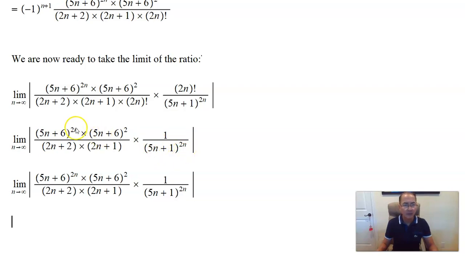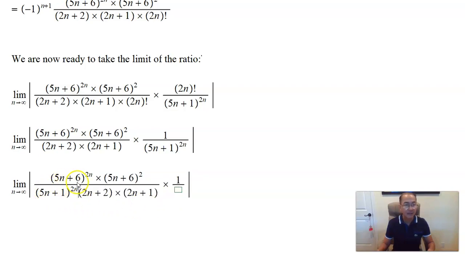Both of them share a 2n in the exponent. So I am going to scoot this over to be under the 5n plus 6 to the 2n, and I'm going to move these three other factors to the other quotient.